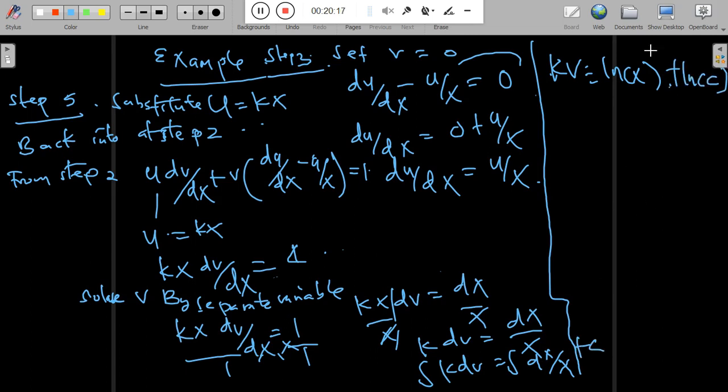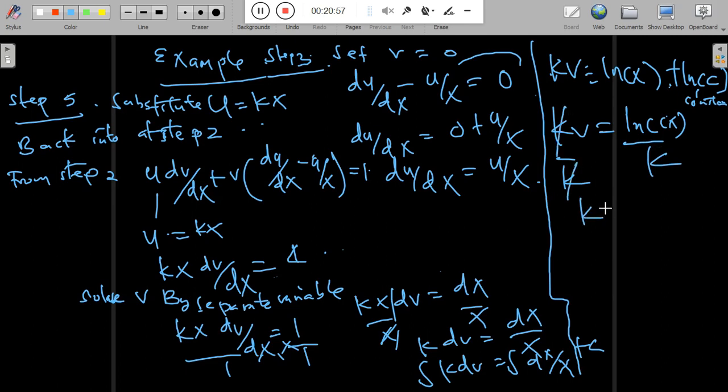So we take out plus ln c, since when we integrate c, it will be ln c, and when we integrate dx over x, it will be ln x. So kv will be equal to ln x plus c, it will give you ln cx. So we divide by k both sides to obtain the value of v. So the value of v will be equal to ln cx over k.